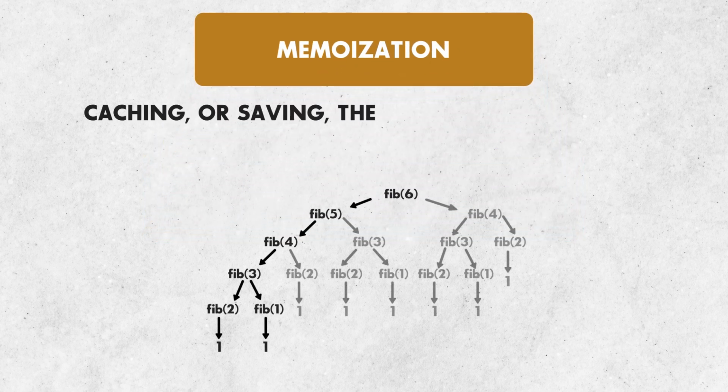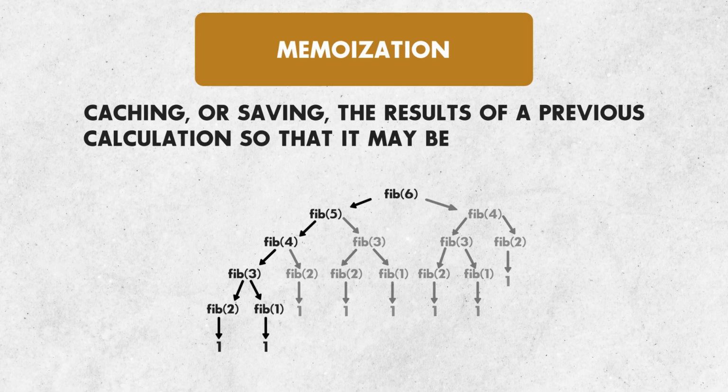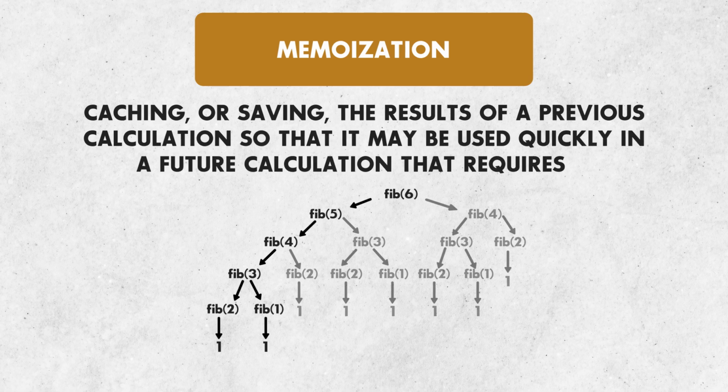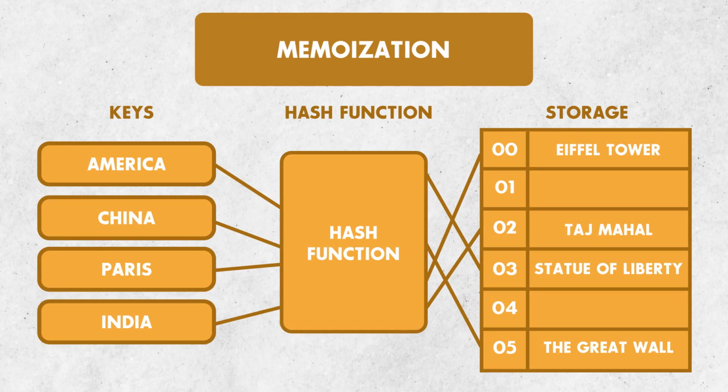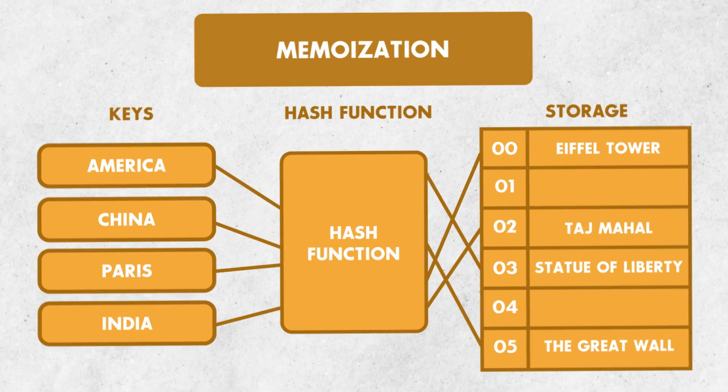Memoization is caching or saving the results of a previous calculation so that it may be used quickly in a future calculation that requires it. We can use a hash map to store the results of previous sub-branch calculations that may be used as we traverse through the weighted graph. Looking up these sub-calculations is done in constant time, greatly reducing the time complexity of the algorithm compared with if we needed to recalculate the sub-calculations in each iteration.